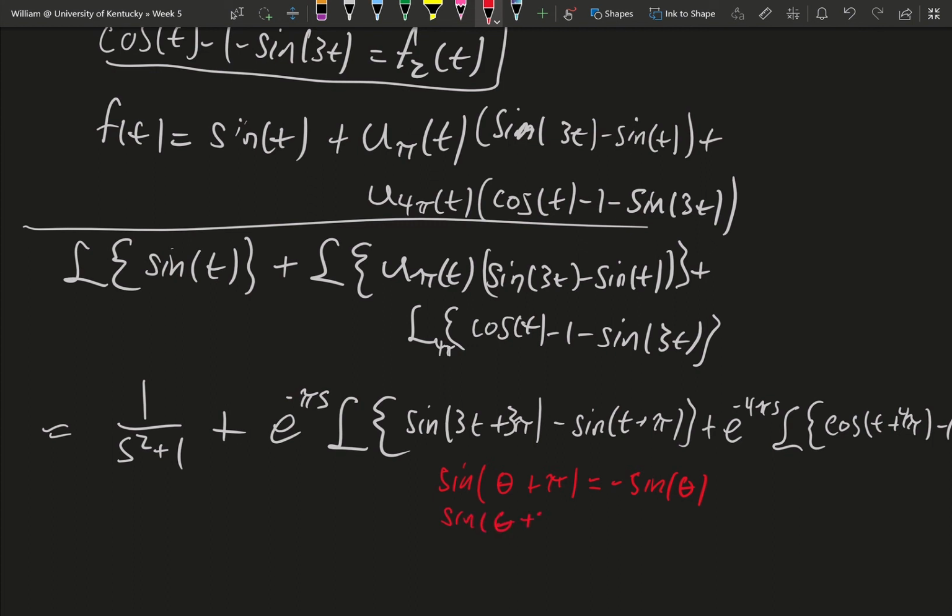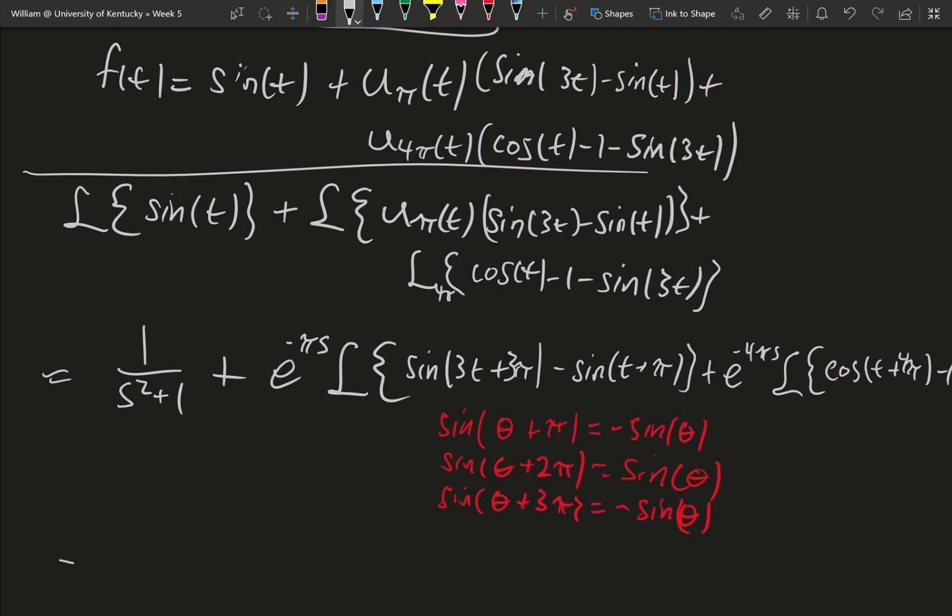And if I add 2 pi, I get the negative of the negative, so I just end up where I started. Again, if I add 3 pi, I just get the negative, and so on. So if I add an odd multiple of pi, I get the negative. And if I add an even multiple, I get what I started with for both sine and cosine.